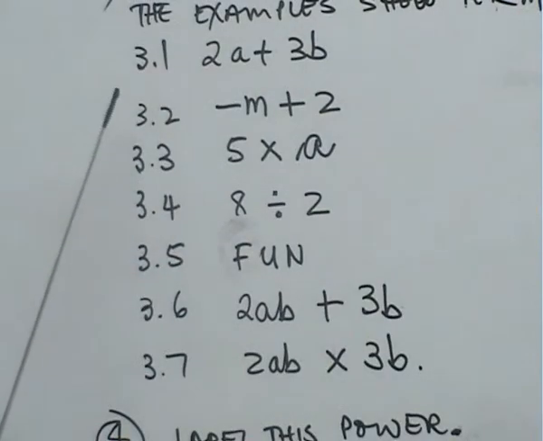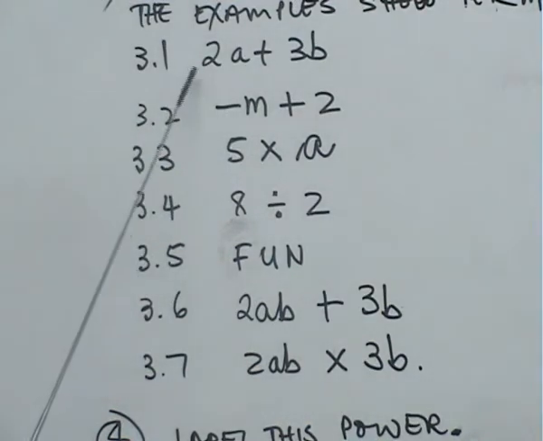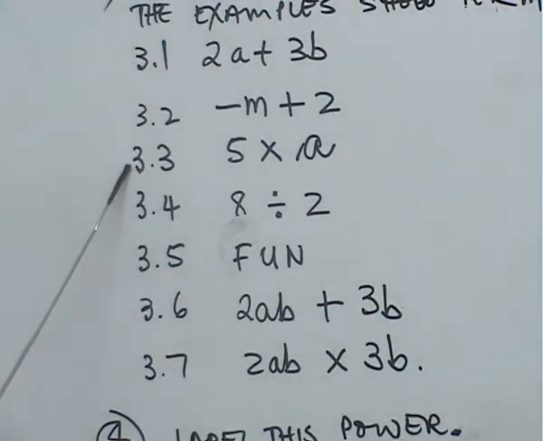Alright, so we want to know whether you have terms or factors in each of these examples. 3.1, 2a plus 3b. 3.2, minus m plus 2. 3.3, 5 times a. 3.4, 8 divided by 2. 3.5, fun. 3.6, 2ab plus 3b. 3.7, 2ab times 3b.